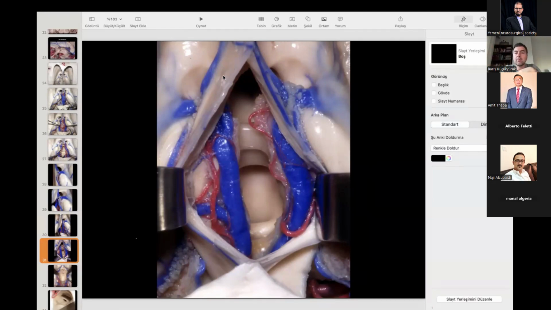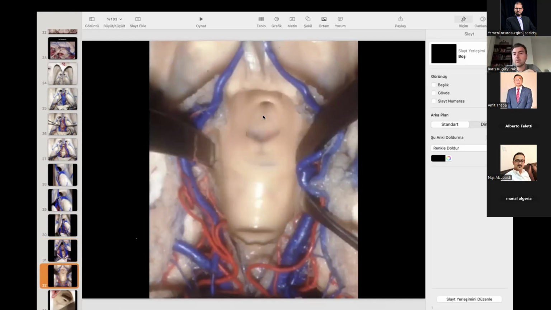But in the meantime, we may damage both fornices, which would have a big complication on the memory of the patient.